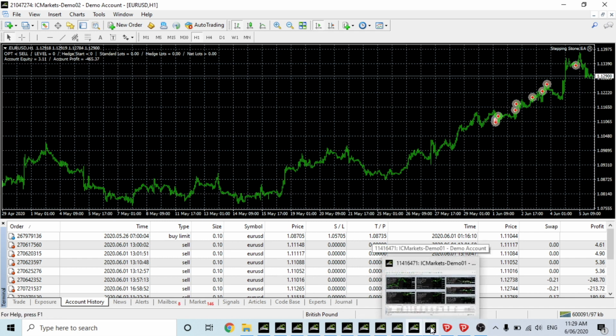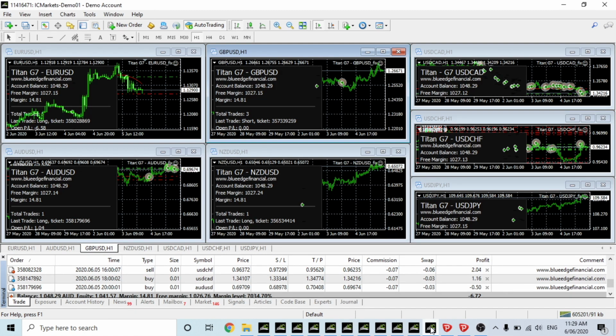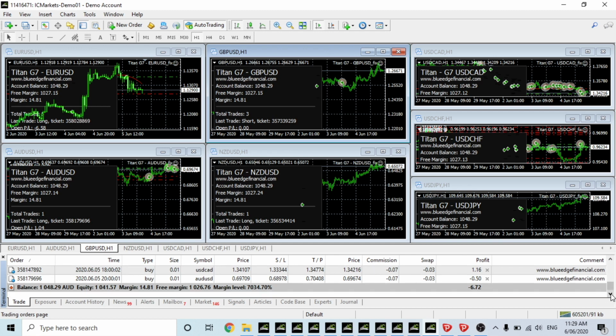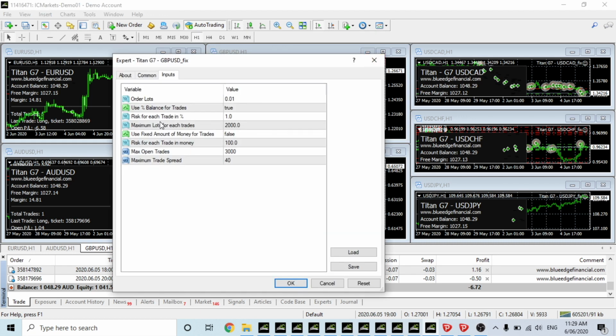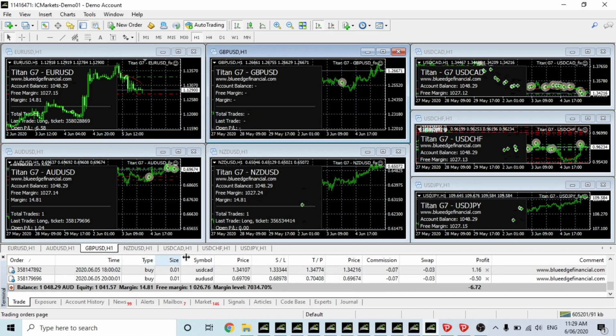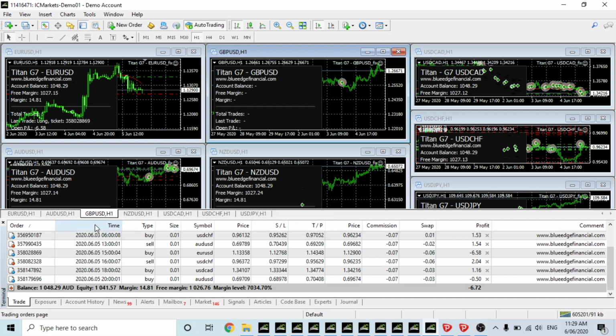But we'll try again. And last but not least, we have the Titan G7, which has been pretty solid. Now I think the settings here, we're risking 1%. Yes, so 1% of the account per trade, and we are running all of these basic pairs.